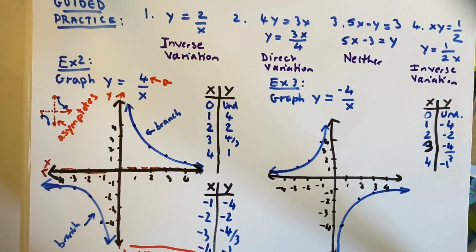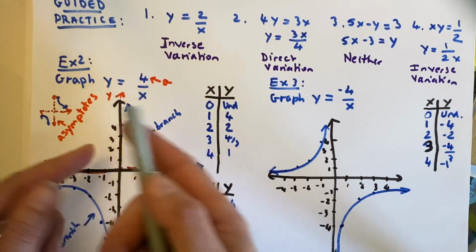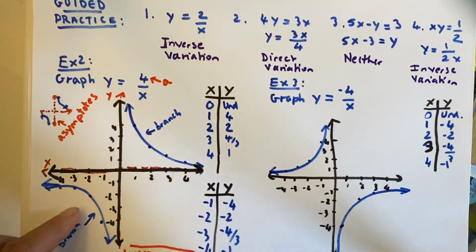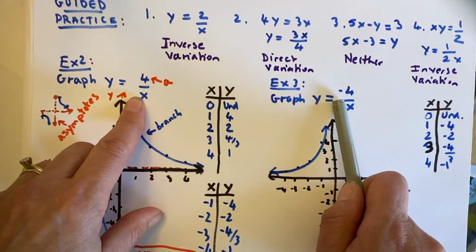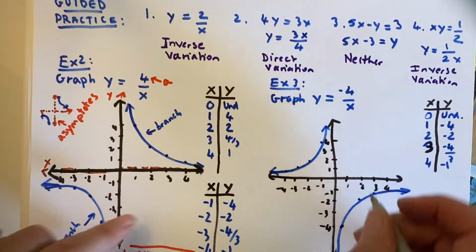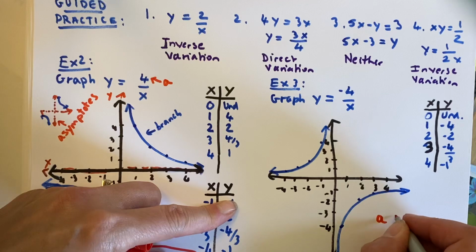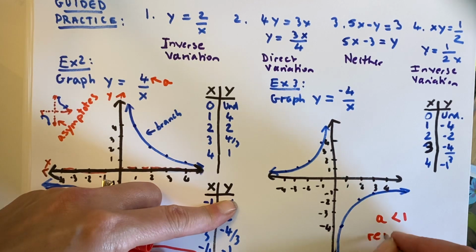And you can see that essentially the negative is, just like it always is, a reflection. This hyperbola, it's as if this is reflected here and this is reflected here. So we've always said when a is negative, it's a reflection. And so this one is when a is less than 0, it is a reflection.